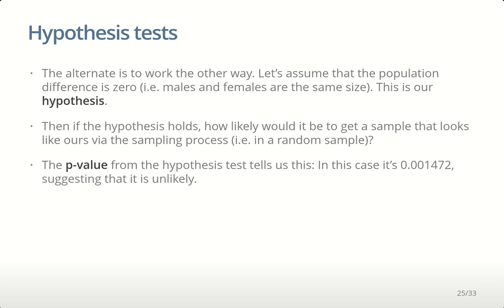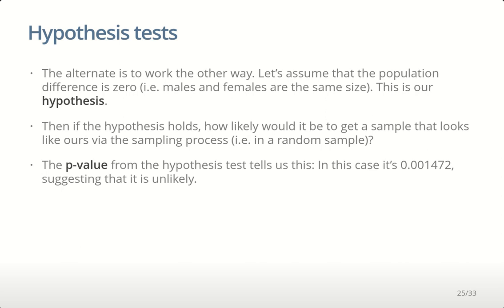And then we simply say, well, how often would we get a sample from the sampling process, which is going to have uncertainty associated with it, so it's going to jump about randomly. How often would we get a sample that looks like the one we actually got in our data? Right, so we think about the potential samples we might have got if our hypothesis holds.